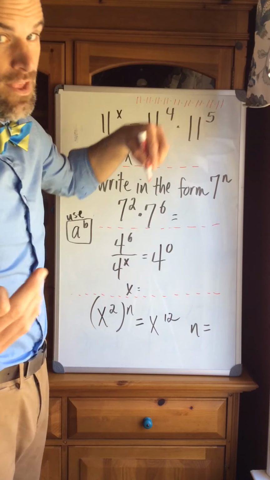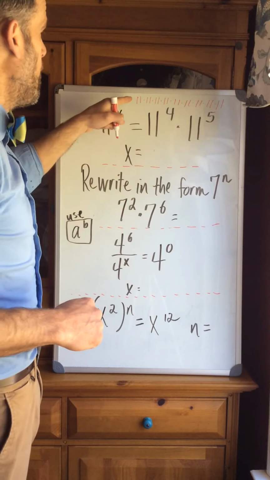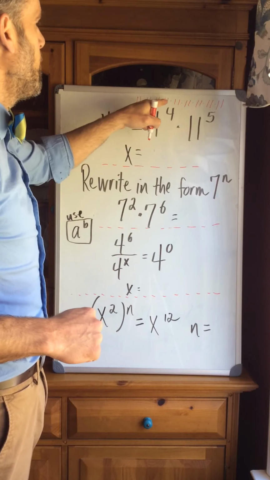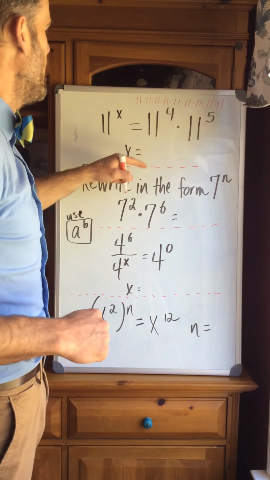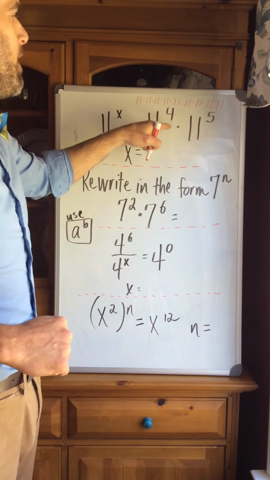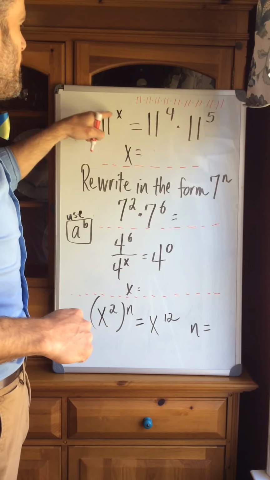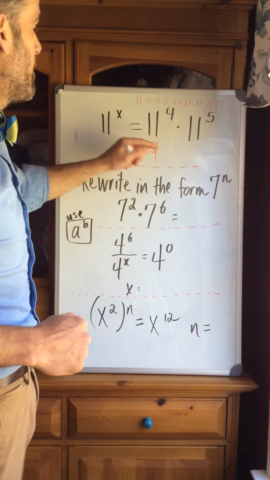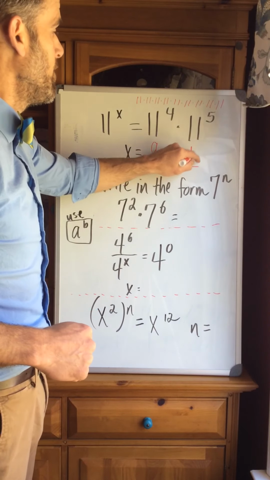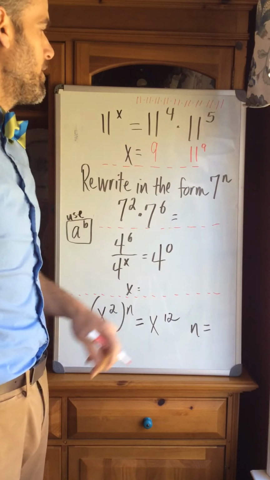Is it annoying that I'm saying 11 over and over again yet? So there are 1, 2, 3, 4, 5, 6, 7, 8, 9. So it says 11 to the 4th power times 11 to the 5th power. What is x? Well, x has to be 9 because we're asking 11 to the 9th power.